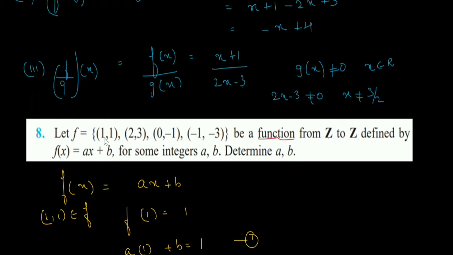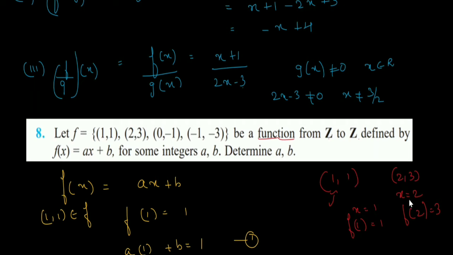So here, the ordered pair (1, 1): 1 is x, the input, and the other 1 is the output. When you give x as 1, you get f of x as 1. When x is 2, f of 2 is 3.